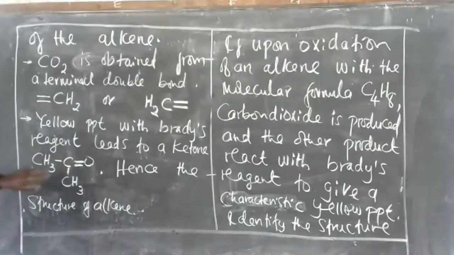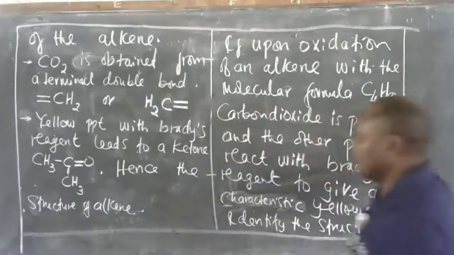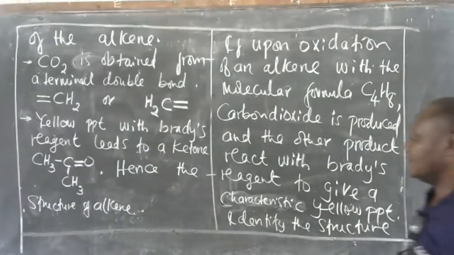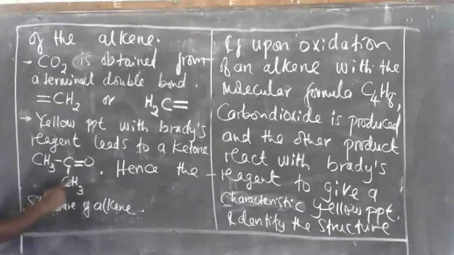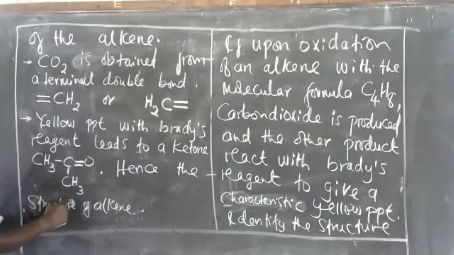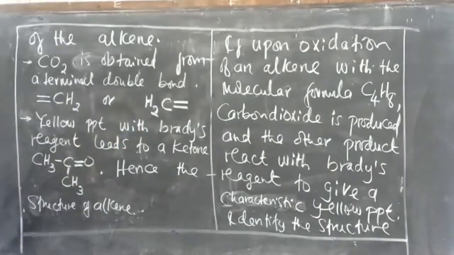We are combining this one here. The compound has got 4 carbon atoms and then 8 hydrogen atoms. We can see that these are 1, 2, 3, 4 carbons. And then how many hydrogens do we have? This is 3, this is 3. Okay? 3 plus 3 plus 2 is going to give us 8.